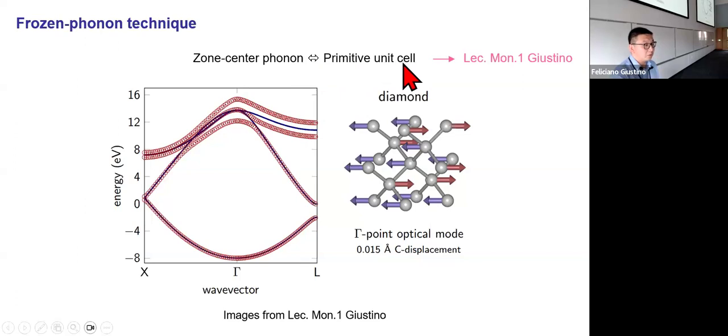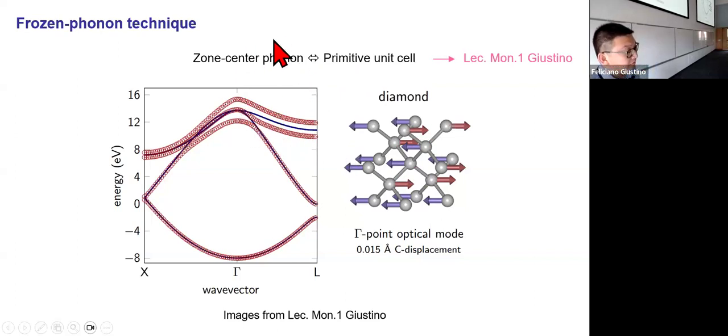We just work within a primitive unit cell and displace the atoms following the phonon eigenmodes. Then we see a change in the band structure. The blue lines are the band structure at the equilibrium position, and the red lines are the ones with the inclusion of phonon perturbations. You'll see that this doubly degenerate band splits, and there are also changes in the band energies in other cases.